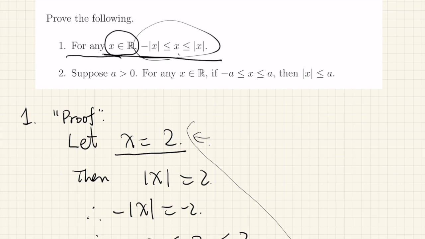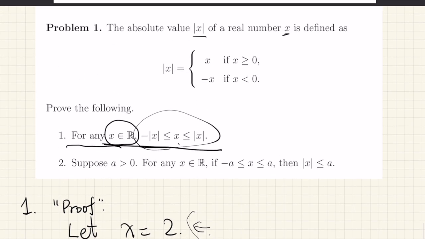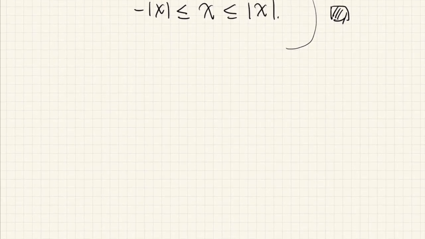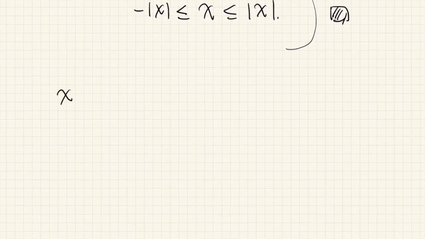Okay, so here's the correct proof. According to this definition, we have to separate two cases: when x is positive or 0, or when x is negative. Any real number can be either positive or negative or 0.